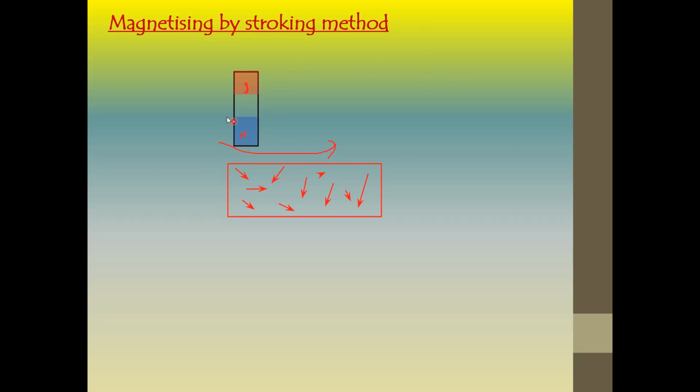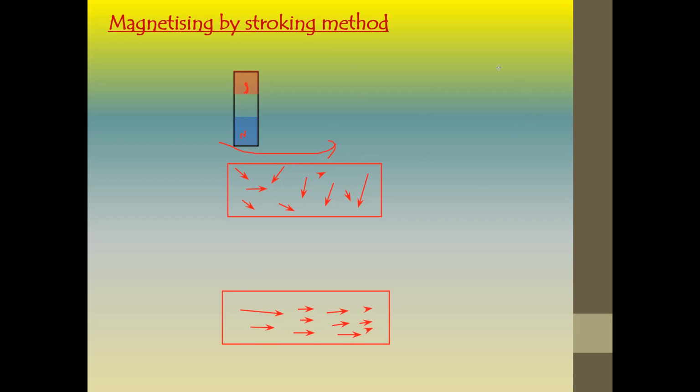Repeat this procedure, rubbing many times in one direction. A time will come when these domains will be arranged or aligned. Once the domains are aligned, the material will be magnetized. This method is known as stroking.